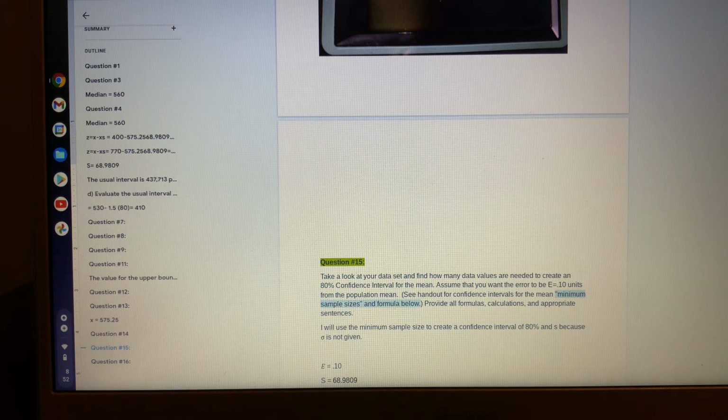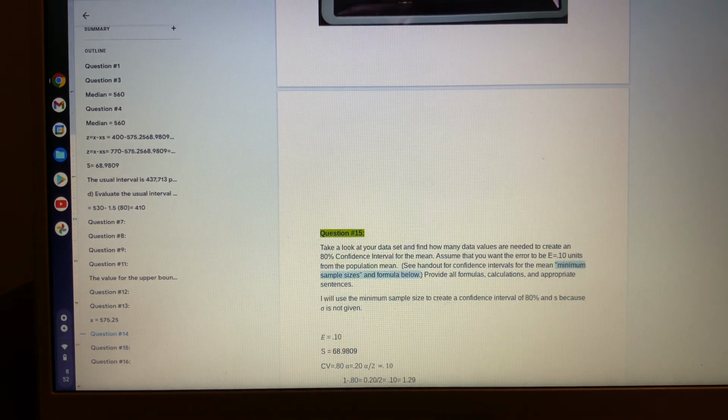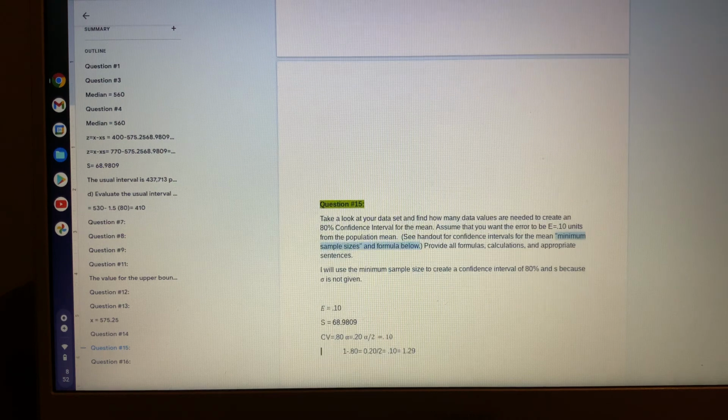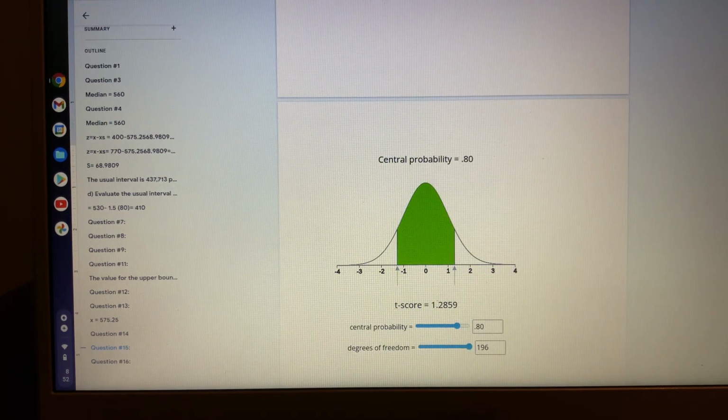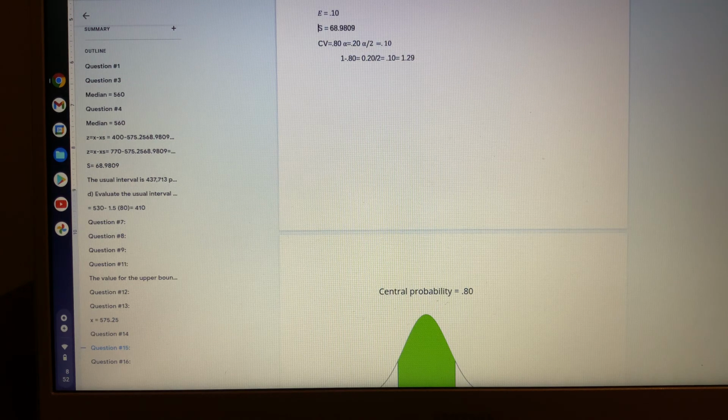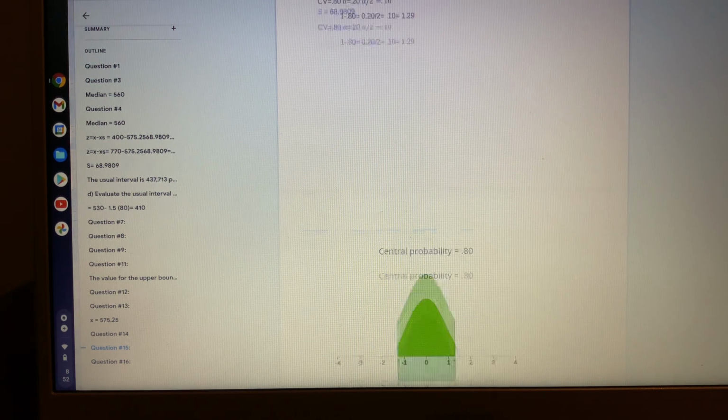It was also telling me to use the minimum sample size, and I stated that I will use the minimum sample size to create a confidence interval of 80%, and s because sigma is not given. I once again provided my values so that I can input everything correctly.